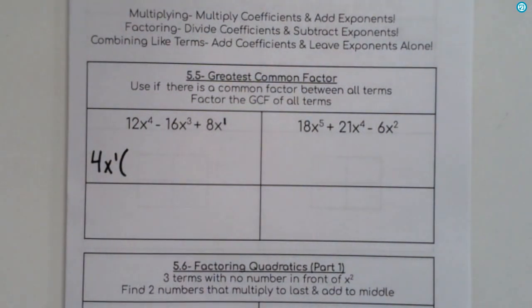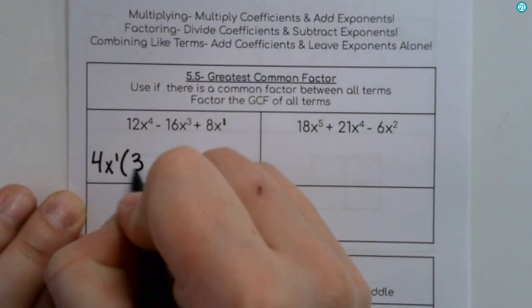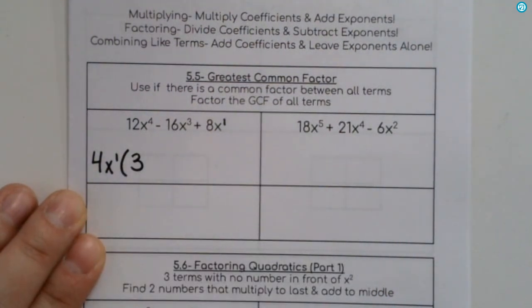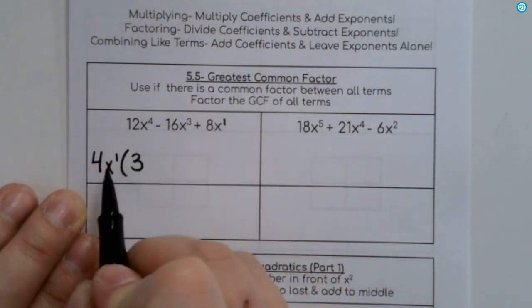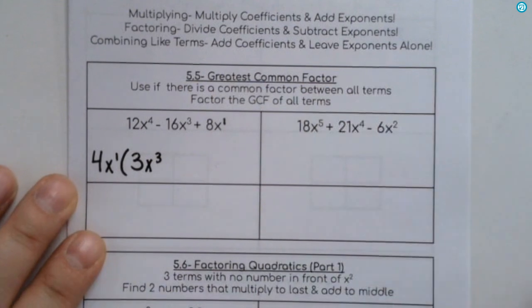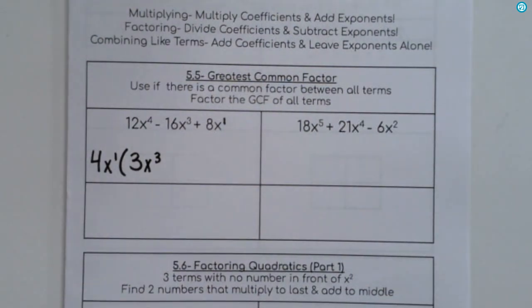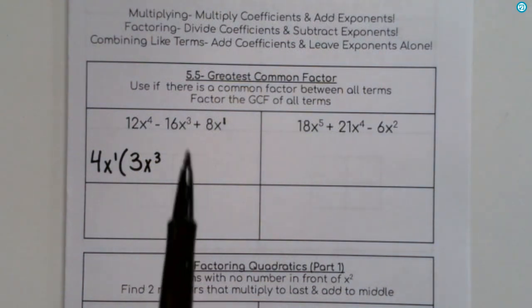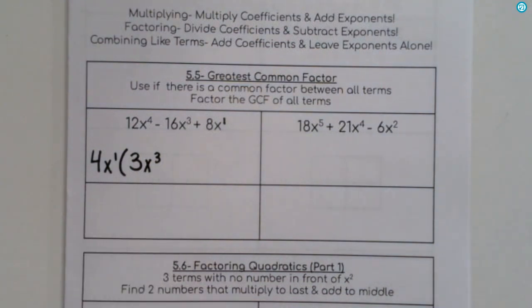Now what I'm doing is dividing that out or factoring that out by dividing my coefficients and subtracting my exponents. So 12 divided by 4 is 3. And then I subtract my exponents. 4 minus 1 is also 3. So I've got 3x to the third power here. Negative 16 divided by 4 is negative 4.